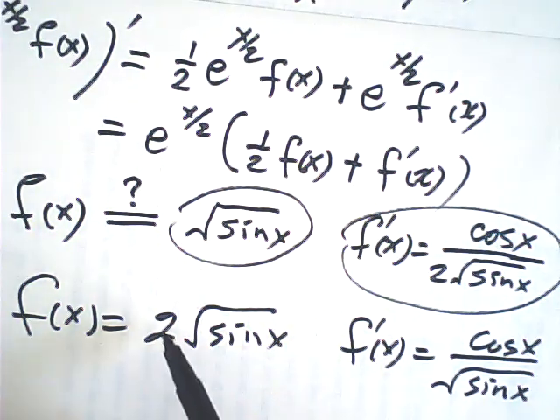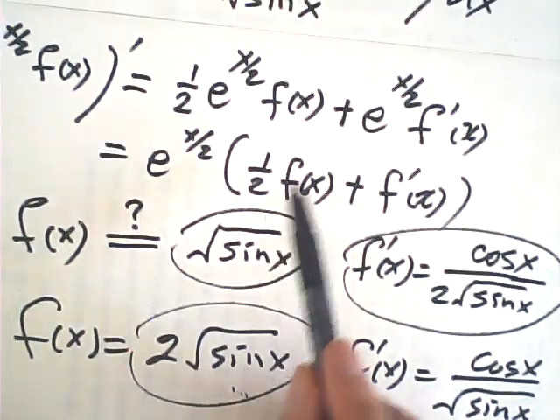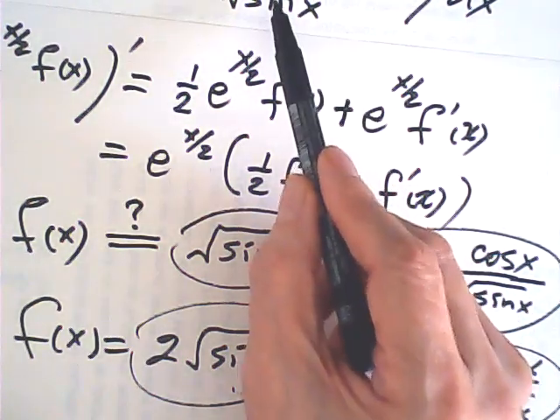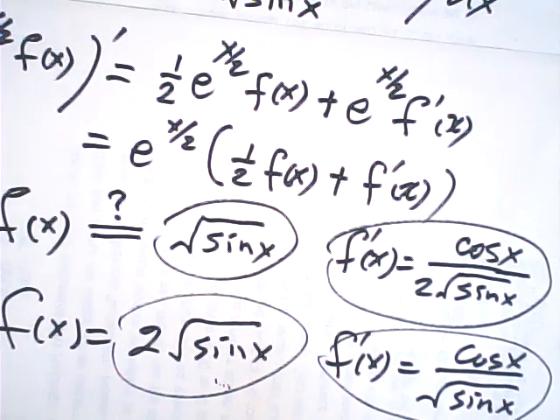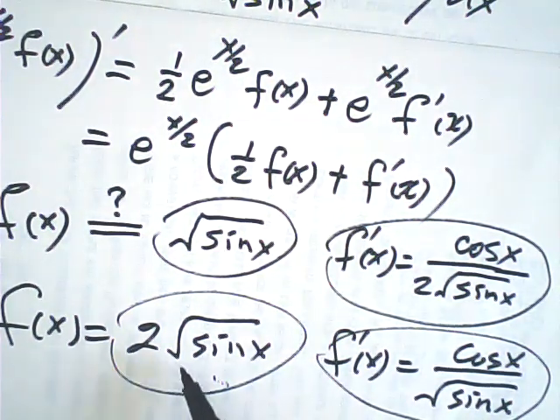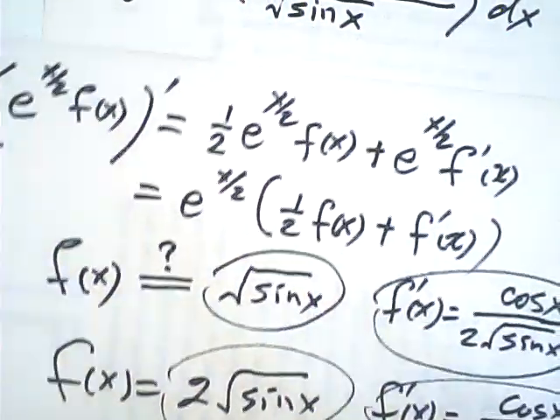Okay, this plus, well, this times half. Don't forget, this times half plus this is exactly equal to that. Wow, half of f of x, half of this plus this is equal to that.